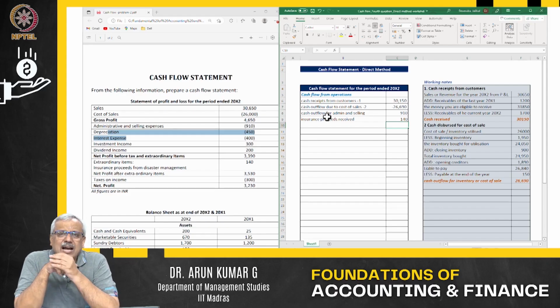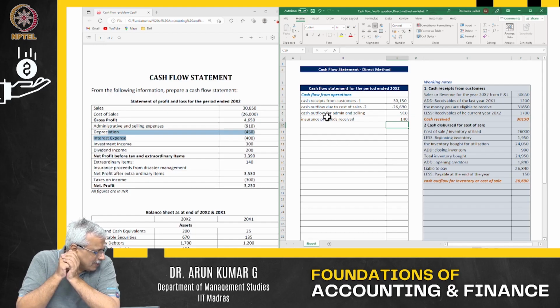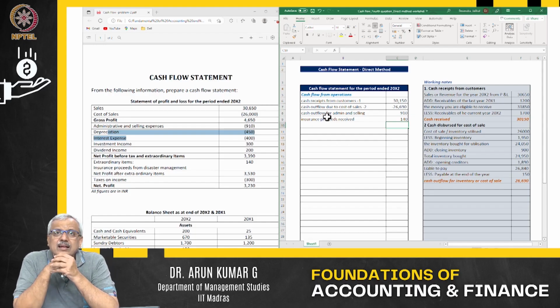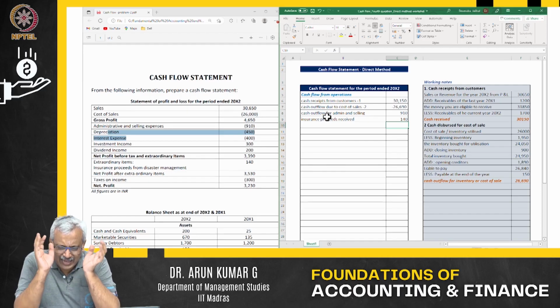So in this particular case I will consider a cash outflow on tax as part of operations only, because normally, as indicated, these taxes pertain to the core activity.